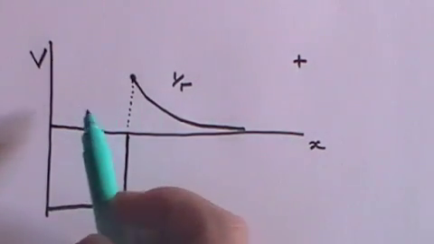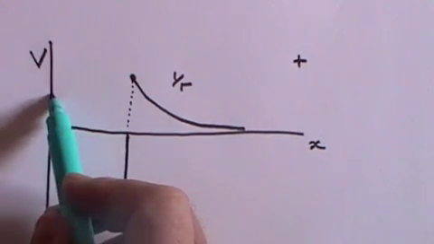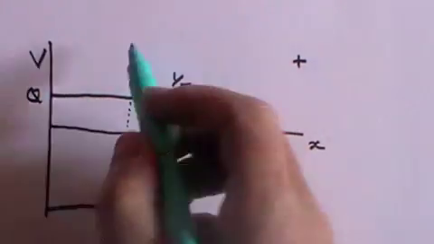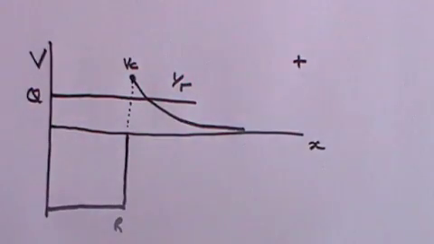Now Q, which is pretty much the kinetic energy of the alpha particle, is, let's say, this value here. And this value here we're going to call Vc. It's the value of the Coulomb potential at the radius of the nucleus.